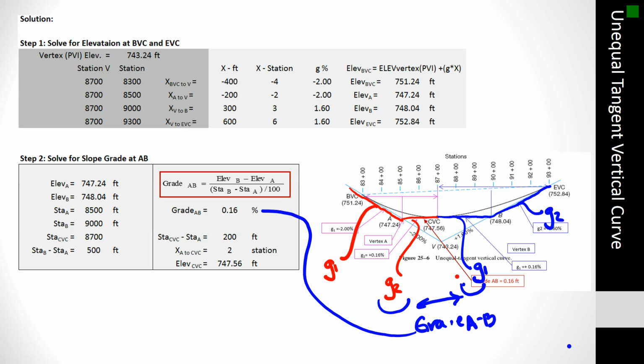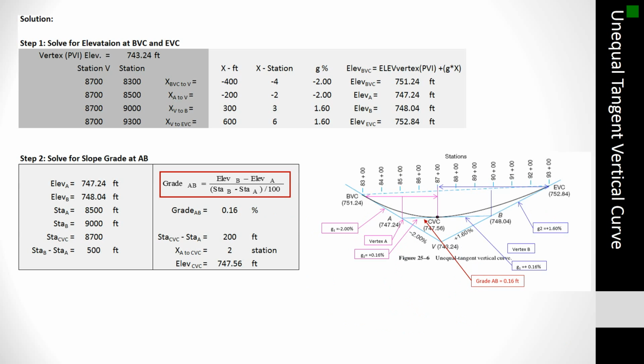That is this value here. That's that slope value here, so it's actually a positive. So it goes down 2%, up 0.16%, up 2.6%. All right, so let's take a look at the math of this. The elevation at A and the elevation at B is what we figured up here. So we have elevation at B.